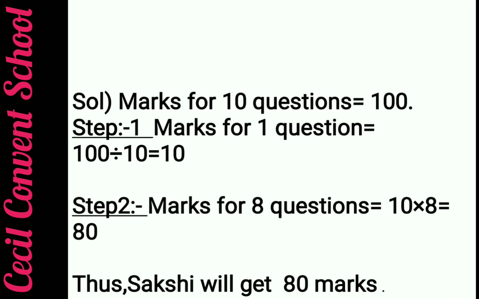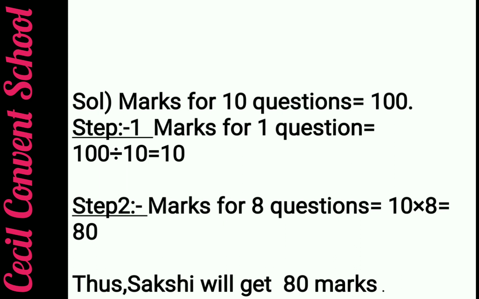Then in step 2, if you are finding the value of 1, as you know, if you have the value of 1, you are able to get the value of many. How? By multiplying. So now we have to find out the marks of 8 questions. Marks for 8 questions is equal to 10 into 8, because when we find many items, we always multiply.